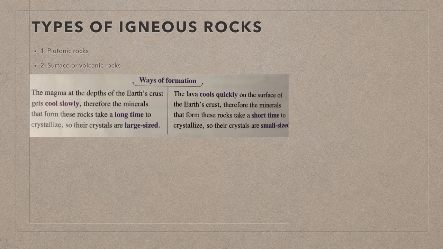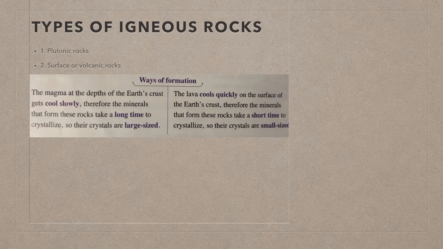Therefore, the minerals that form these rocks take a long time to crystallize, so their crystals are large-sized. But for the surface or volcanic rocks, the lava cools quickly on the surface of the Earth's crust. Therefore, the minerals that form these rocks take a short time to crystallize, so the crystals are small-sized.